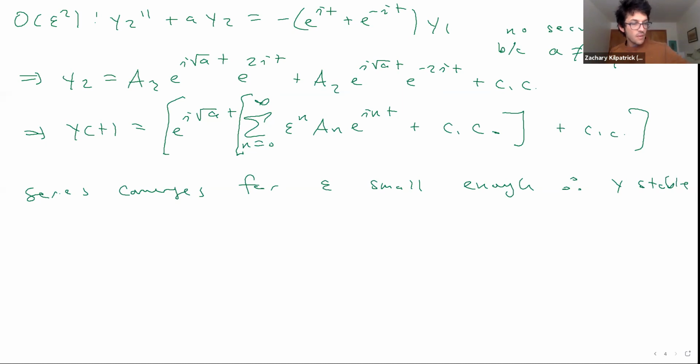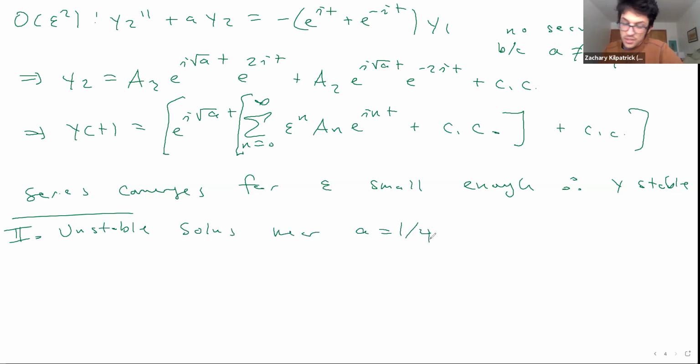Now, these are just general solutions. What we want to study is the boundary between stability and instability. In particular, we're going to look near a specific value of a, a equals 1/4. So if a equals a fourth plus a1 epsilon plus a2 epsilon squared, and so on, we have some perturbation expansion in a.